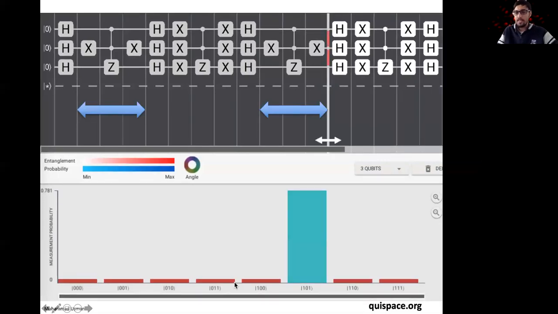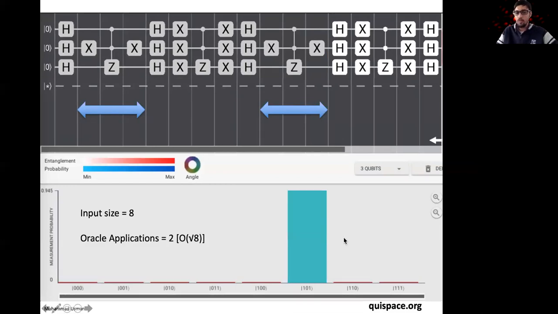You repeat the same thing a second time. You again select 101, and you again increase it further. So you can see that by just applying this quantum search twice, you have increased the probability of the desired outcome 101 to 94.5%, compared to all the others, which are very small, like 1 or 2%.